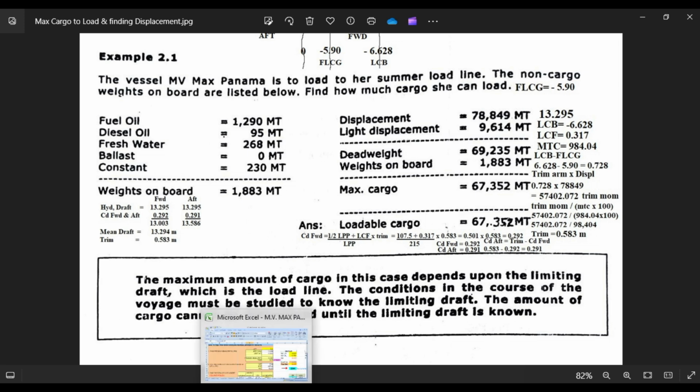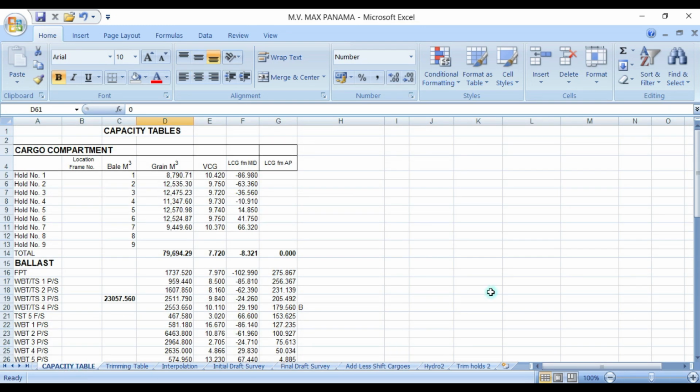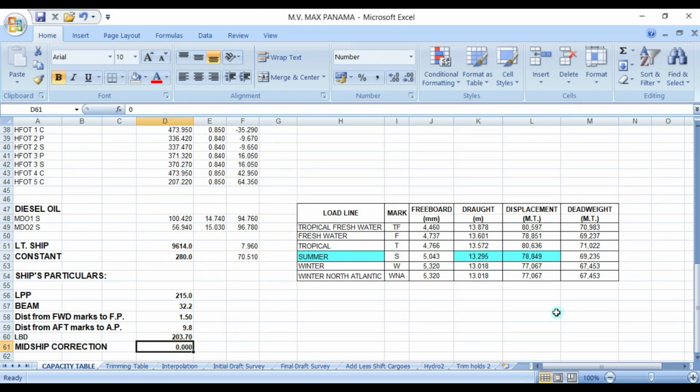Here you have the capacity table. The summer load line is 78,849. So this is the summer draft, which is 13.295, and 78,849 is your displacement at summer draft.